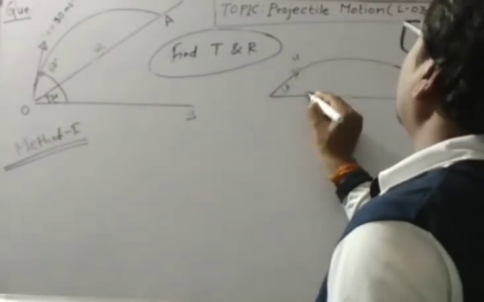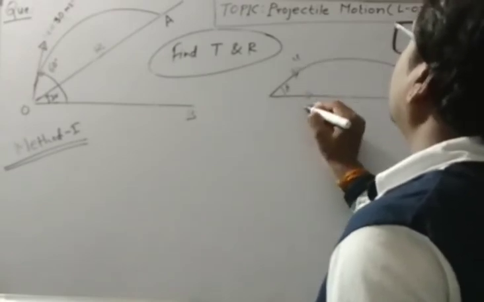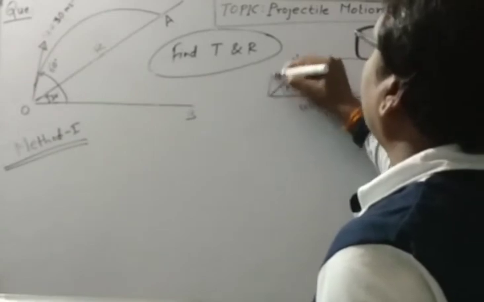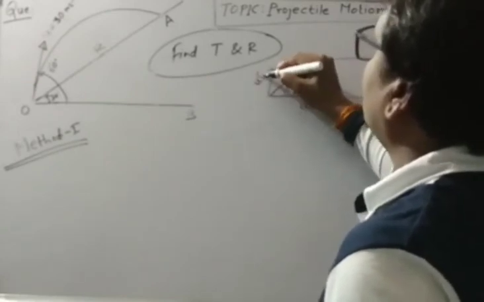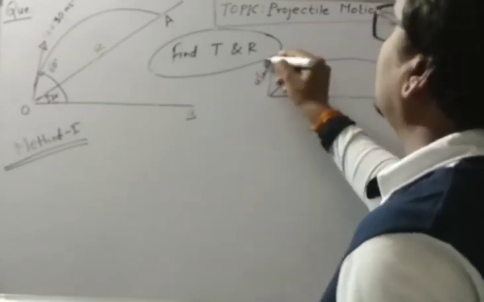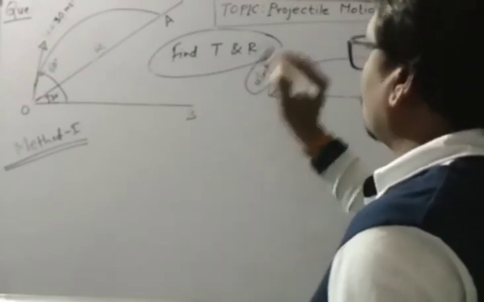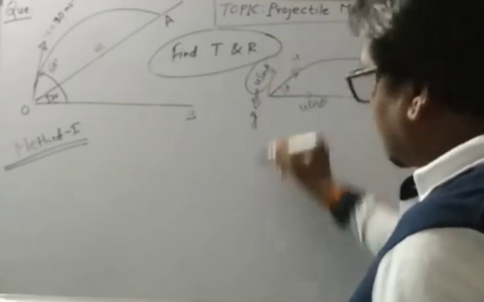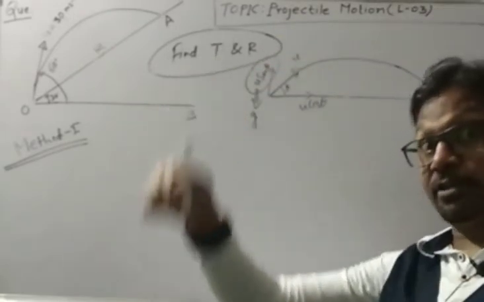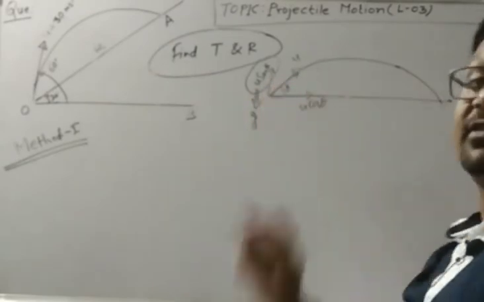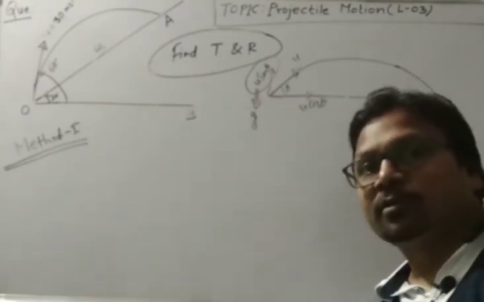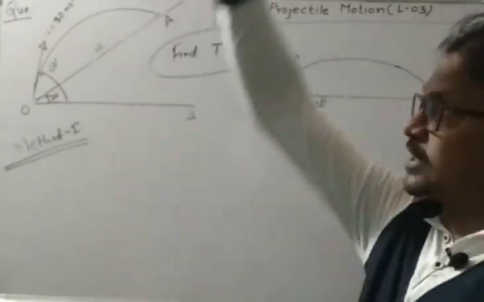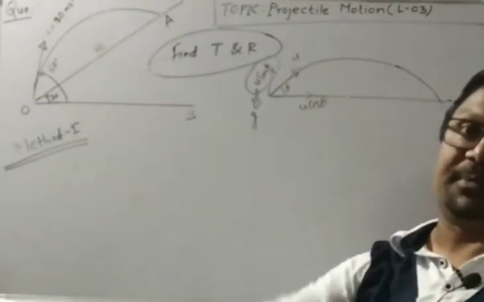You split this u as u cos theta and u sin theta, and corresponding to this u sin theta there is acceleration g which is acting vertically downward, just opposite to this vertical velocity. Vertical velocity is u sin theta upward and g is acting opposite to this velocity.